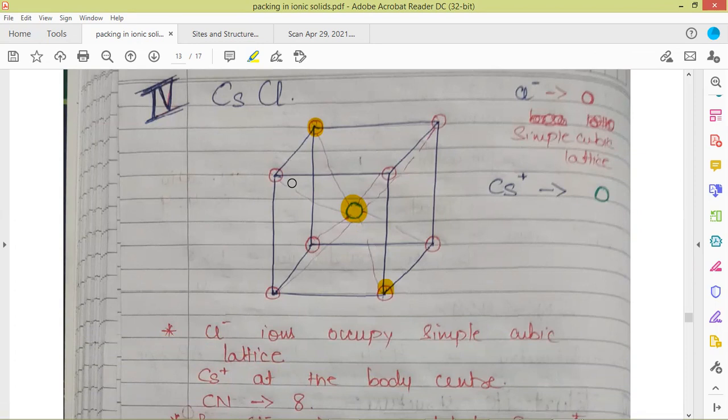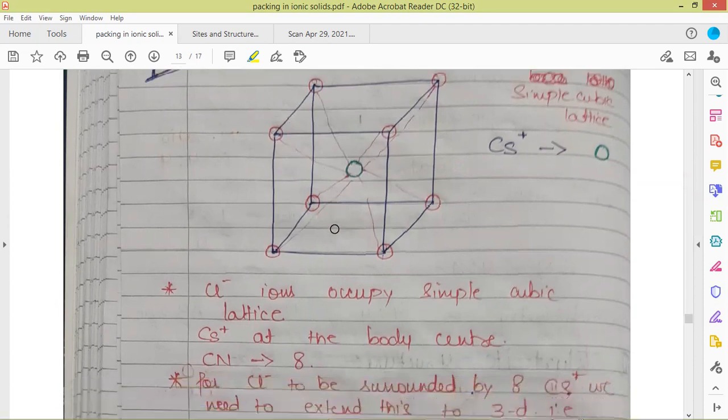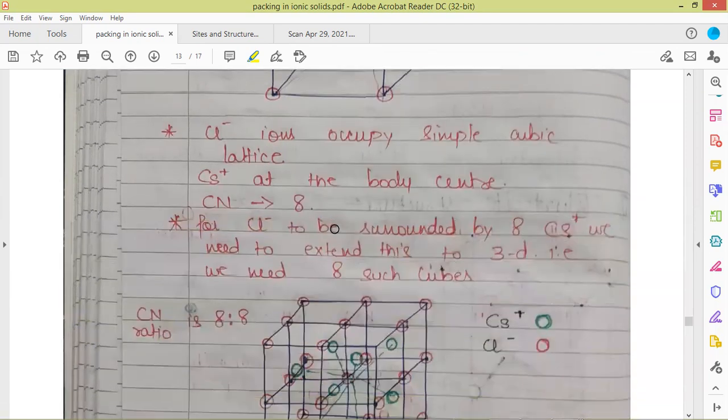If we talk about the coordination number, as all the corner atoms are touching the body centered atom, the cesium ion is being touched by eight chloride ions. So the coordination number of the cesium ion is 8. Similarly, if we extend this to a three-dimensional network, we see that the coordination number of each chloride ion is also 8. So the coordination ratio is 8:8.